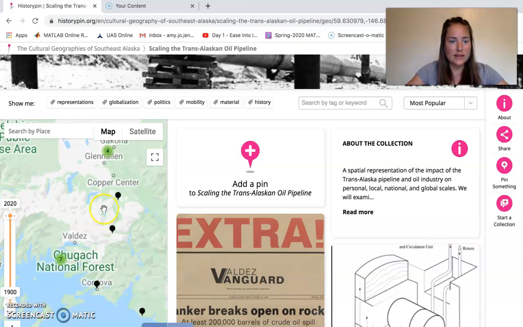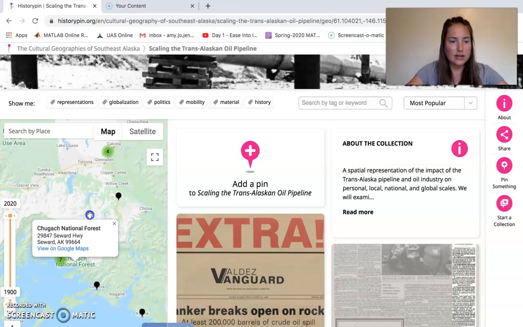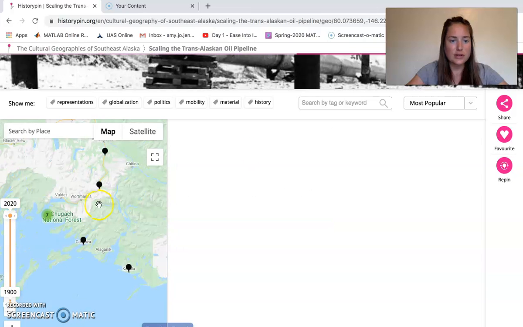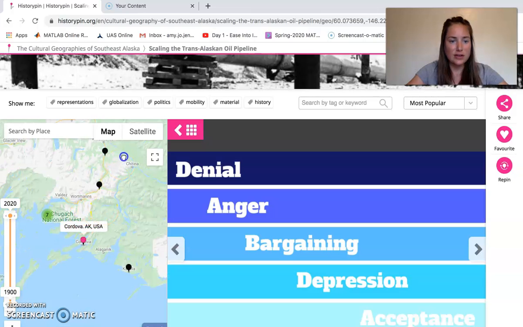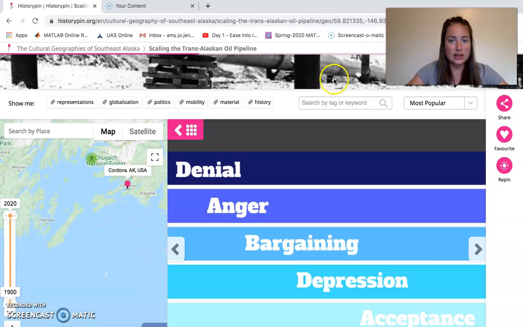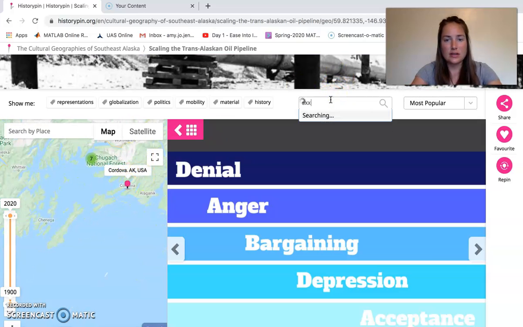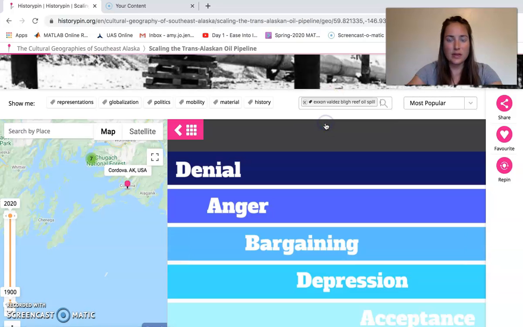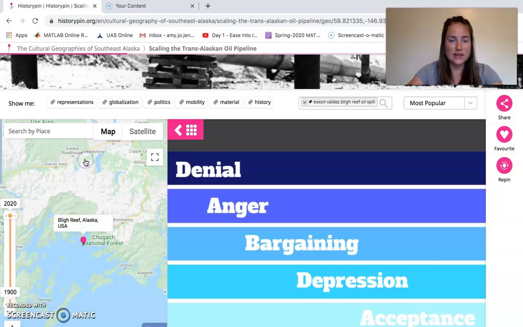I think it's down in here, if I can find it. Yeah, Cordova is where the Exxon Valdez occurred. You can look it up. So there we have multiple pins on it. It was such a big event.